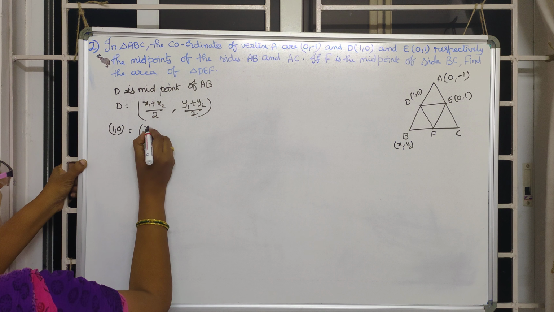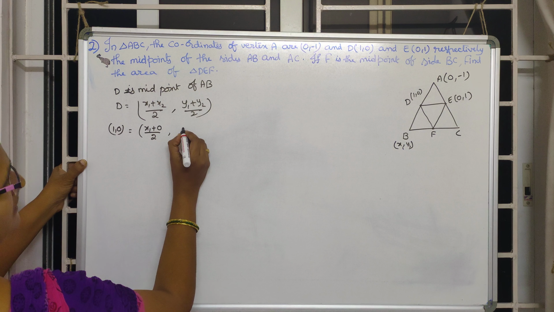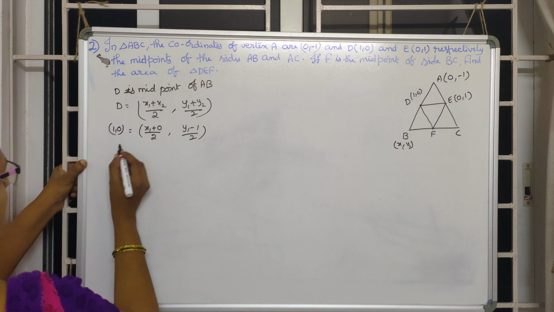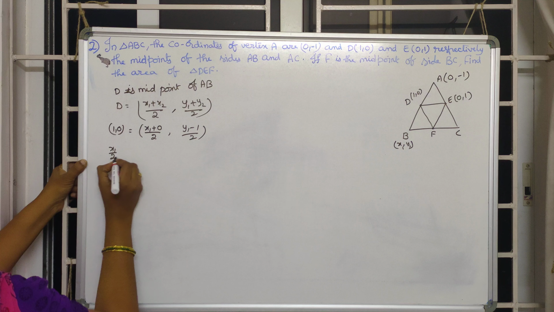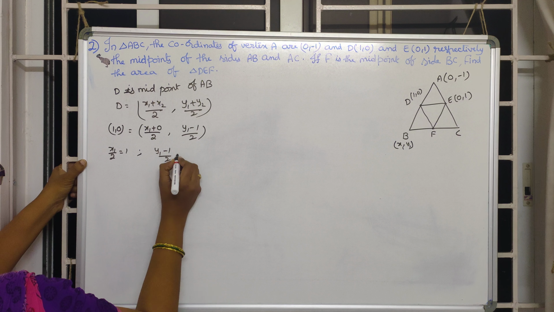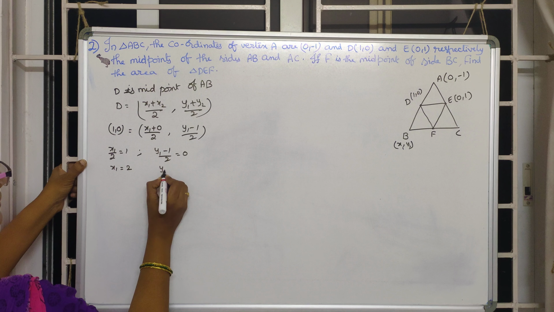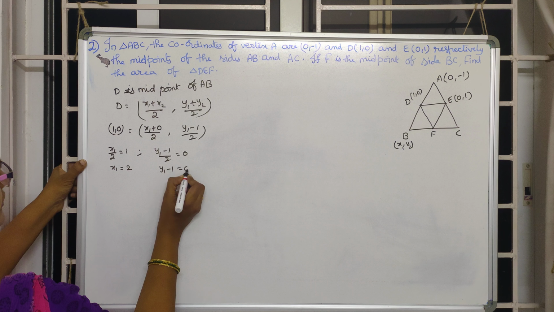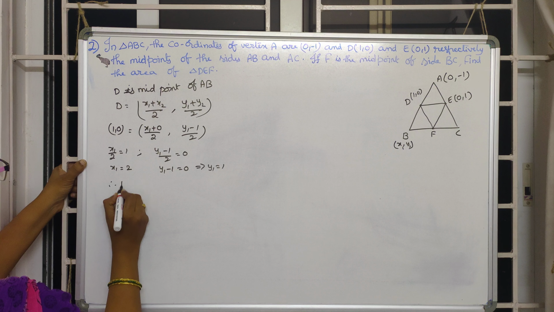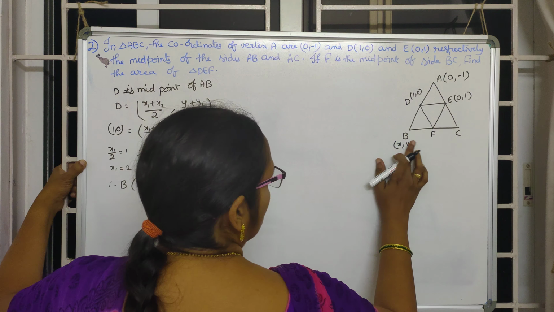So (x1 plus 0) by 2 comma (y1 minus 1) by 2. Equating, x1 by 2 equals 1, and (y1 minus 1) by 2 equals 0. x1 equals 2 by cross multiplication, y1 minus 1 equals 0, that implies y1 equals 1. Therefore B points are (2, 1).